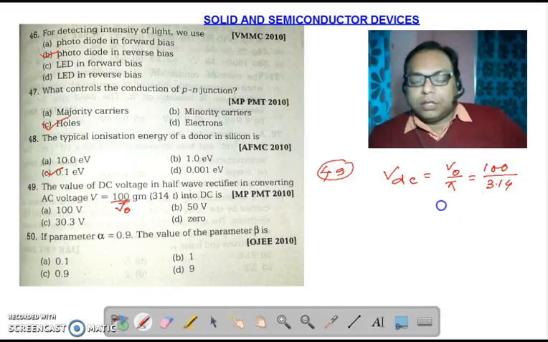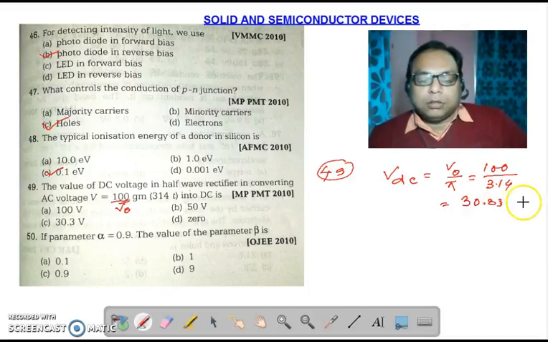You will get almost 31.83 volt. So C may be the correct option.